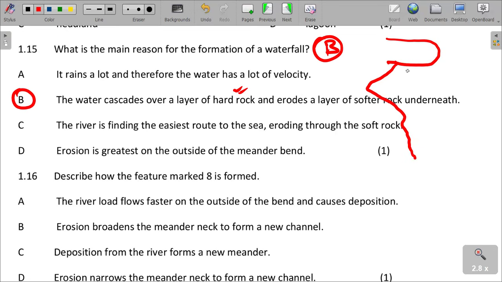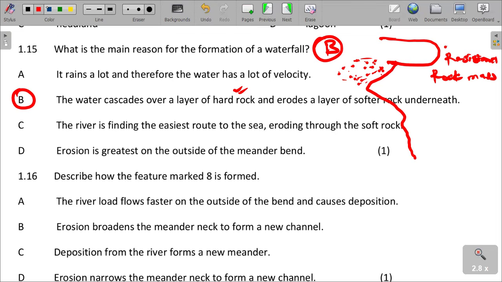This can be a softer rock mass, and then it has this resistant rock mass, which is causing an overhang that we are seeing there.